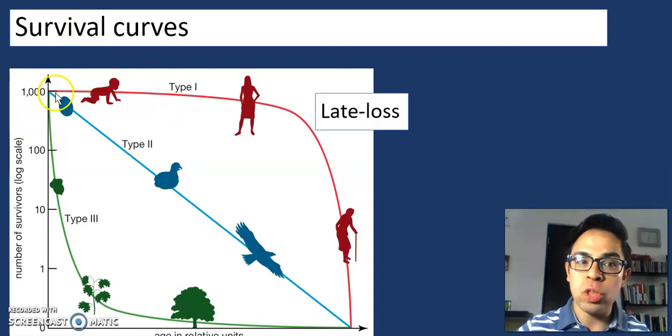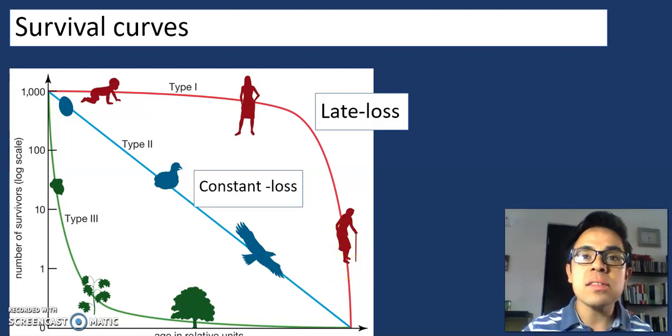They're going to survive being babies, being juveniles, being young adults. They're going to survive a lot. But when they reach old age, they are going to start dying or to have higher death rates. This is the first type of curve, the late loss curve.